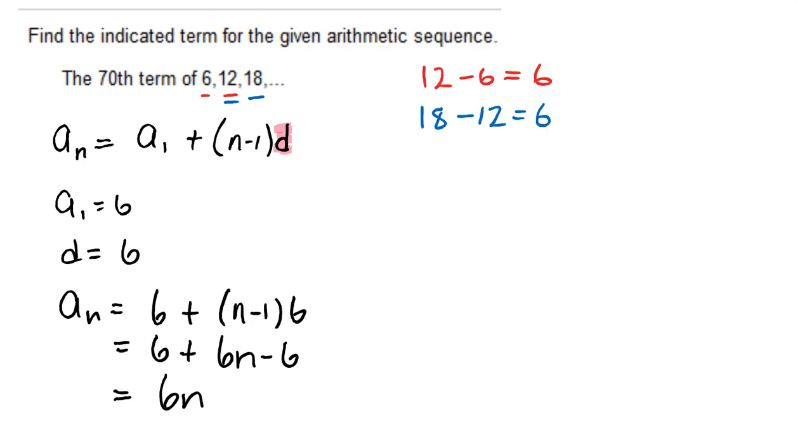Now that we have the nth term of the sequence, we can find the 70th term by substituting 70 into this. 6 times 70 is 420. So the 70th term of this arithmetic sequence is 420.